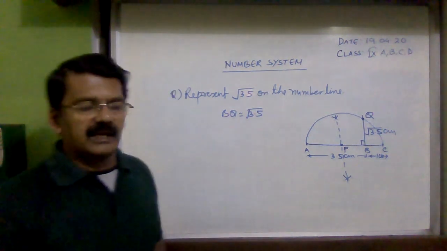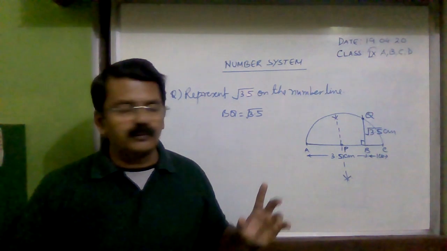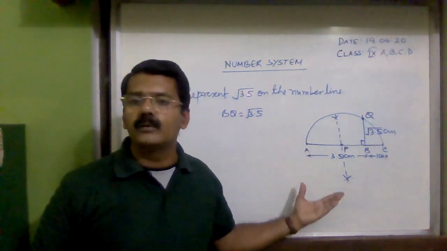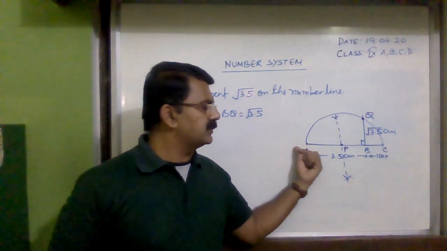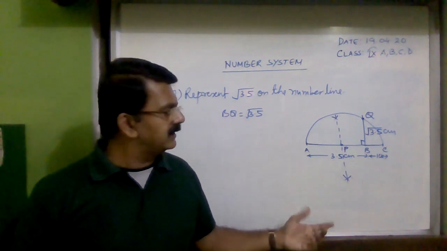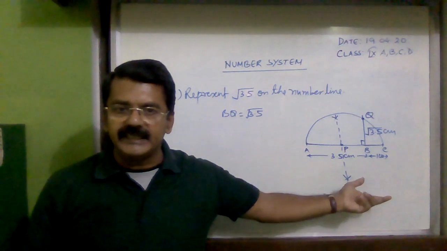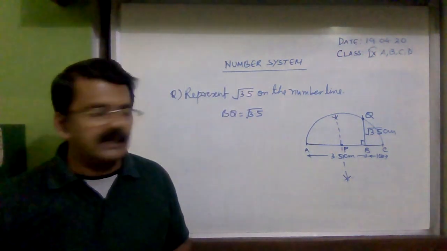Is it clear? So, I repeat, if you have to find the length or you have to represent square root of 3.5 on the number line. First, you draw a line AB of length 3.5 centimeter, and then you extend that line to point C such that the length BC is equal to 1 centimeter.